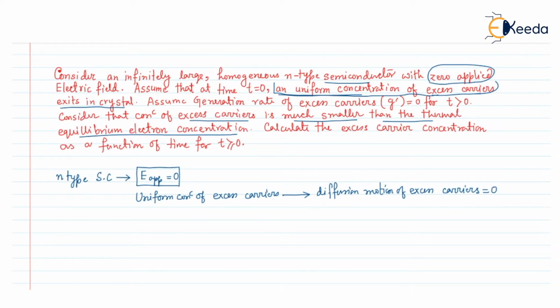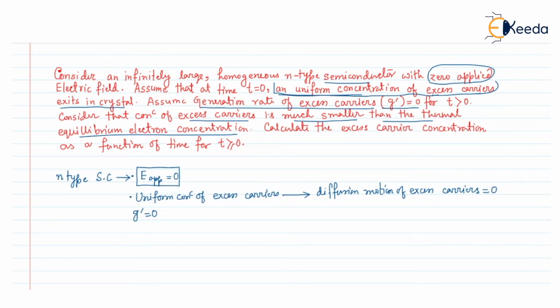There will be no diffusion motion of excess carriers. Another thing given is that the generation rate of the excess carriers, G dash, is equal to 0. So we can write that G dash is equal to 0.